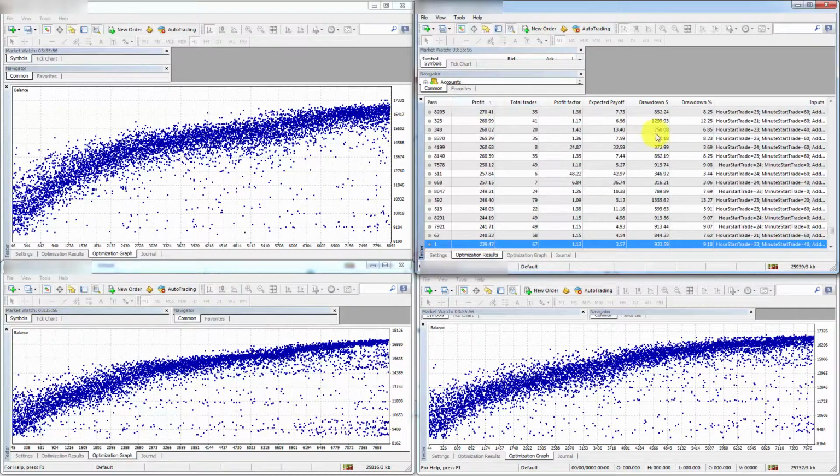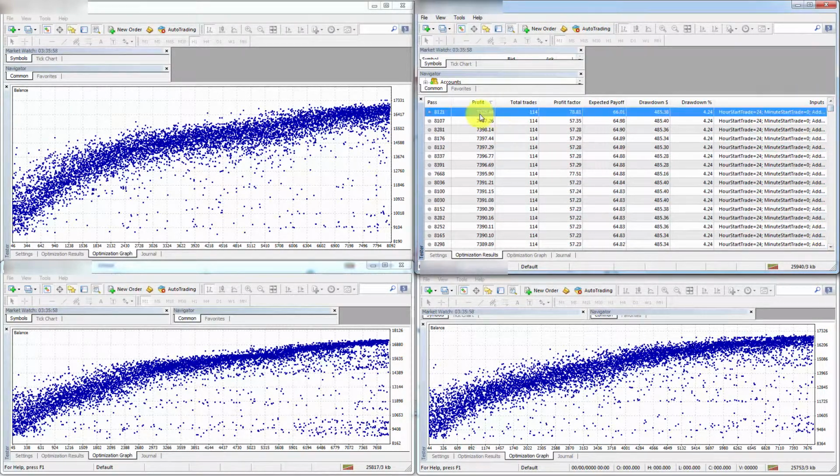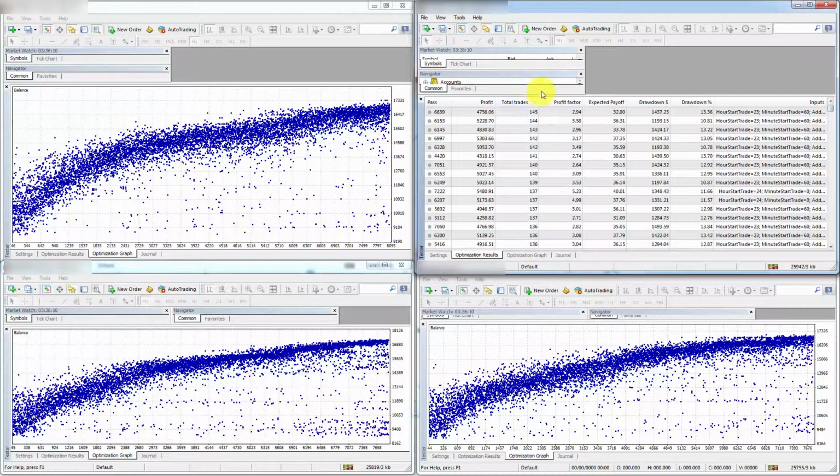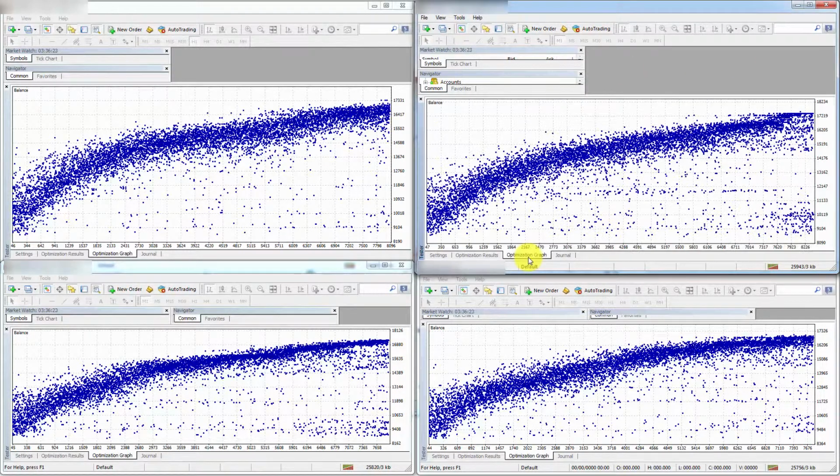Am I interested in maximum profit? Yep, so there you go, 7,500, right? Those of you who know me well know that probably I might go for total trades, right? I will go for total trades and I'll be like, okay, even though there's less profit here and a higher drawdown, I can see that there's more total trades. So I will still investigate that one because for me, it is more statistically significant. But once again, that's a whole different story.